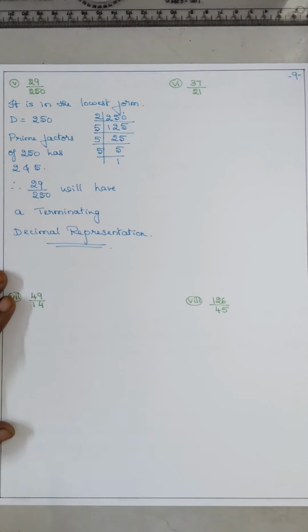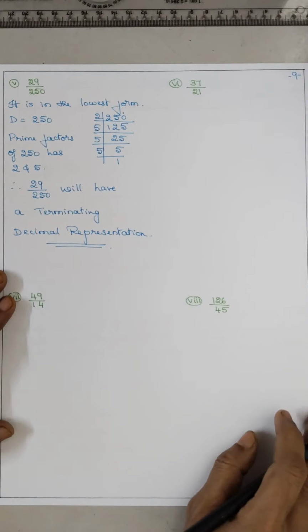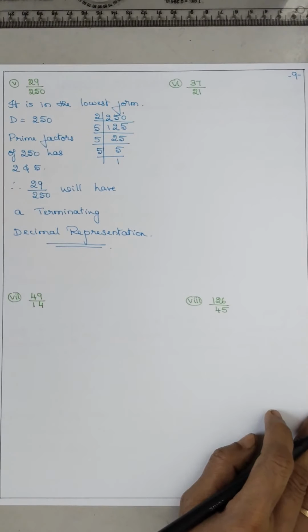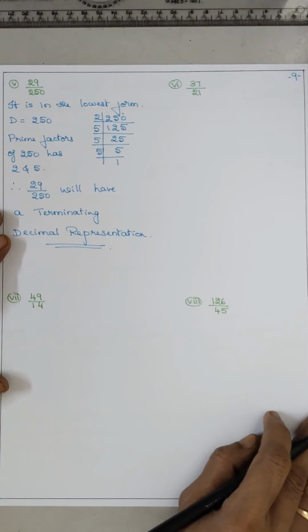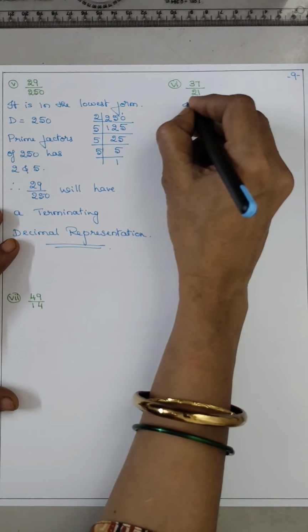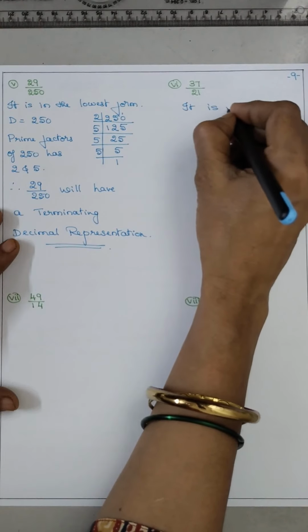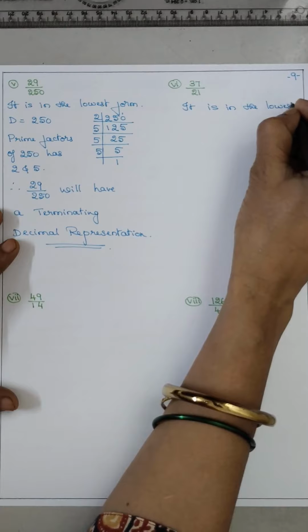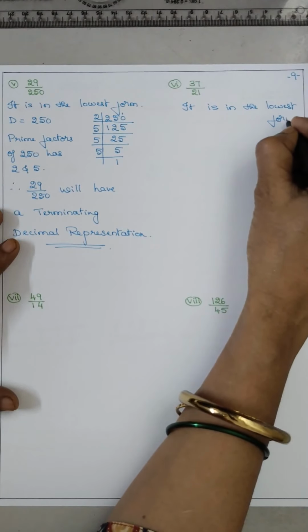Hope you are getting the confidence now after 5 sums, isn't it? Now 37 and 21. 37 and 21 again cannot be simplified. It is in the lowest form.